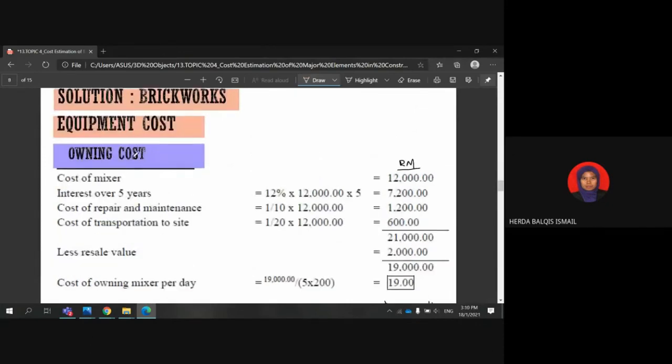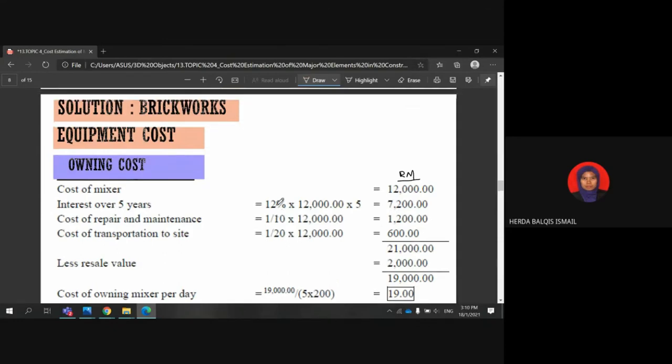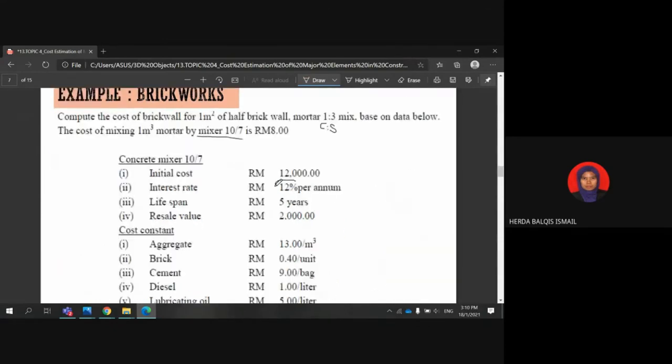For owning costs, you need to know what items need to be listed under this owning cost. First thing first, the cost of the mixer, which is given as 12,000 ringgit. Interest over 5 years, given the interest rate of 12% per annum.